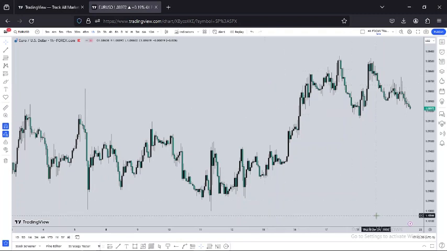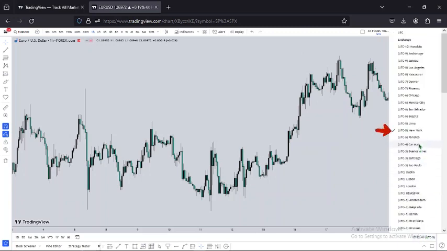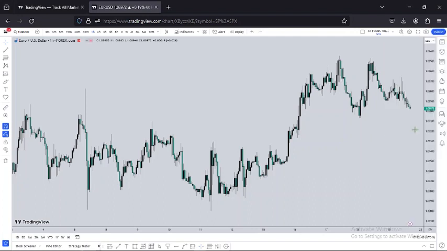I want you to go down here to your bottom right, click on that time zone, and then change it to New York. Once you change it to New York, automatically your TradingView would be like that of those in the United States.